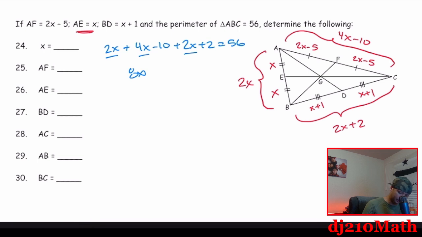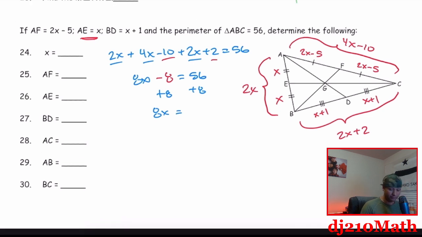Combine all the non-x's: minus 10 plus 2, so negative 8. This should equal 56. I'm going to add 8 to both sides to solve for x. We get 8x is equal to 56 plus 8, 64. Oh, that's nice. Divide both sides by 8. x is equal to 8.